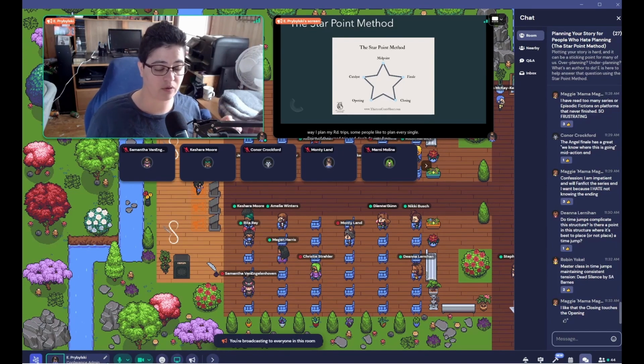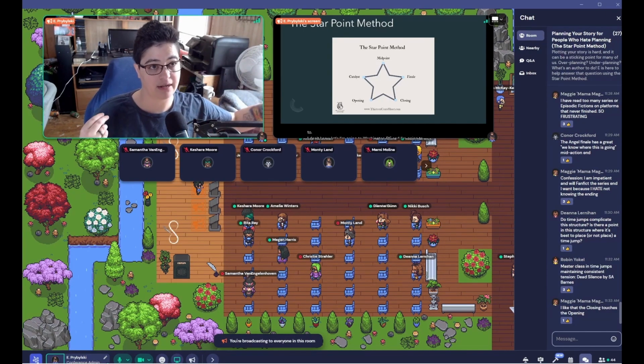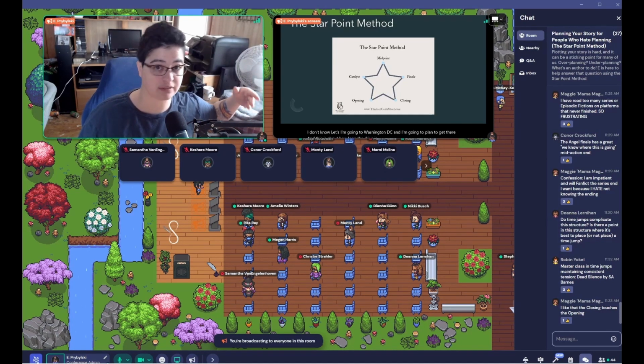Other people plan, okay, let's say I'm going to Washington, D.C., and this is about how long the drive is, so I'm going to schedule a hotel here in the middle so I can sleep overnight. And I am going to leave myself time, because we all know I'm going to pull off the highway to see the world's biggest ear of corn, because I'm going to. That's just how it is.